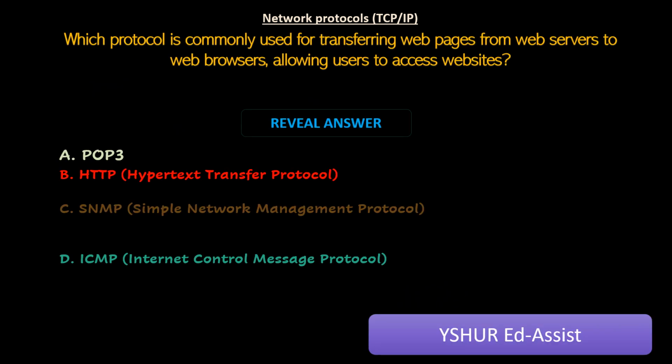Which protocol is commonly used for transferring web pages from web server to web browser, allowing users to access websites? A. POP3. B. HTTP, Hypertext Transfer Protocol. C. SNMP, Simple Network Management Protocol.